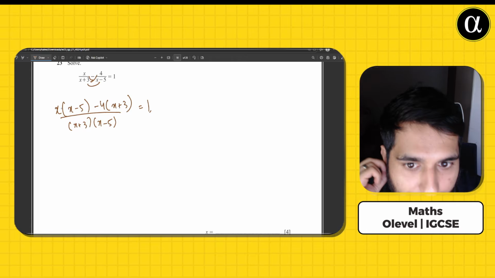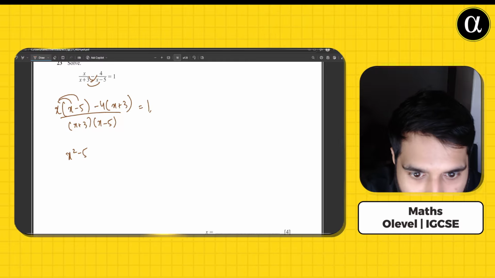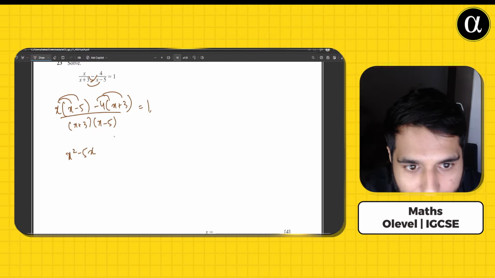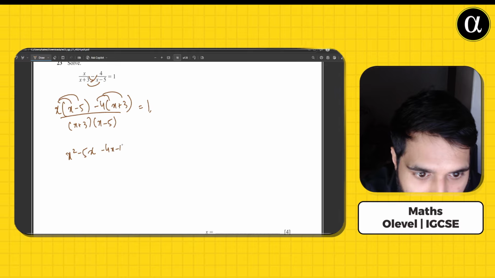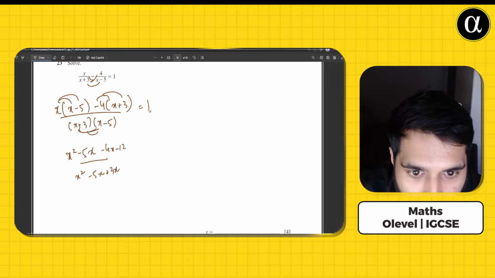When we solve this further, x and x would give us x squared minus 5x minus 4x minus 12, over x squared minus 5x plus 3x minus 15. That should be equivalent to 1.